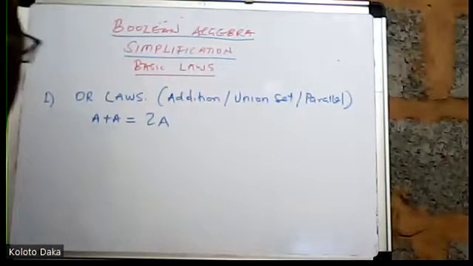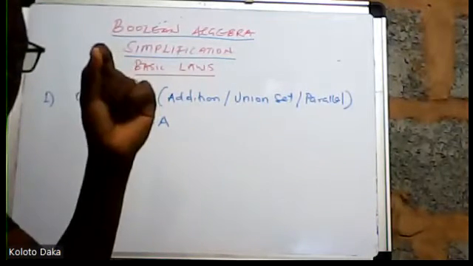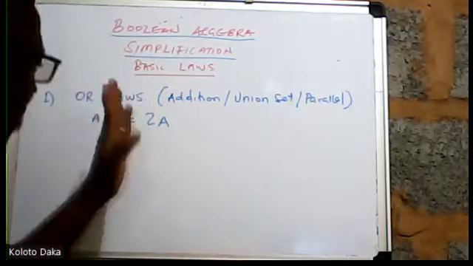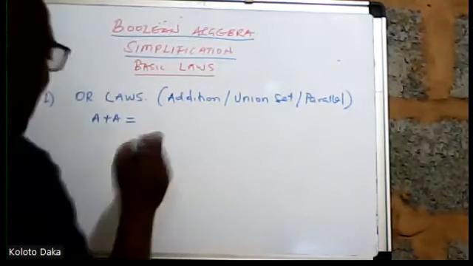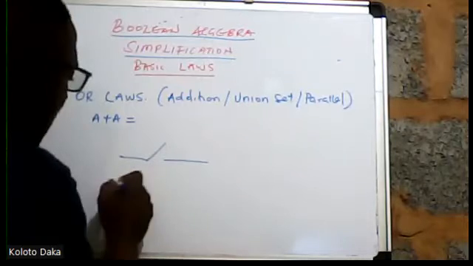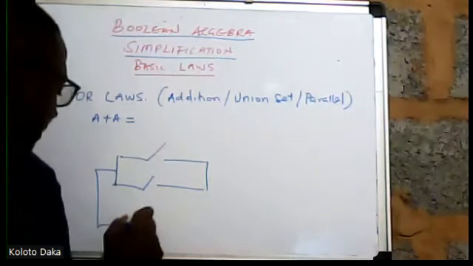But in Boolean algebra, there are only two numbers, 1 and 0. We don't have 2A. So, what is A plus A in Boolean algebra?